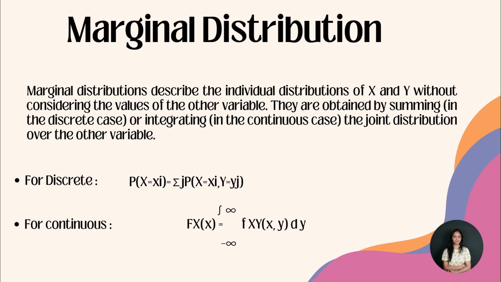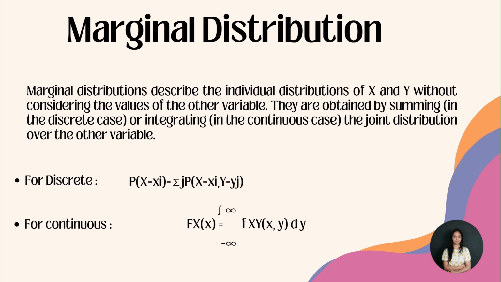So marginal distribution. Sometimes we only want to look at one variable and ignore the others. This is where marginal distribution comes in. We calculate the marginal distribution by summing for discrete random variables or integrating for continuous variables over the other variable.